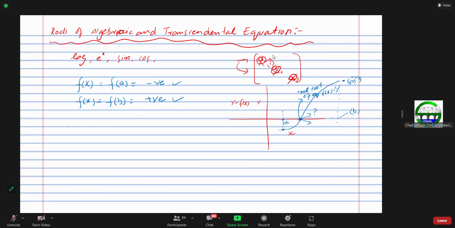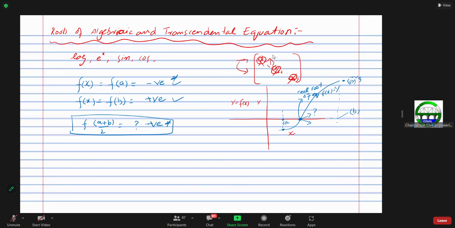Then we will put the value of f of (a plus b) divided by 2 and find the value. If it is a positive value, it means your root lies between this one and this one.